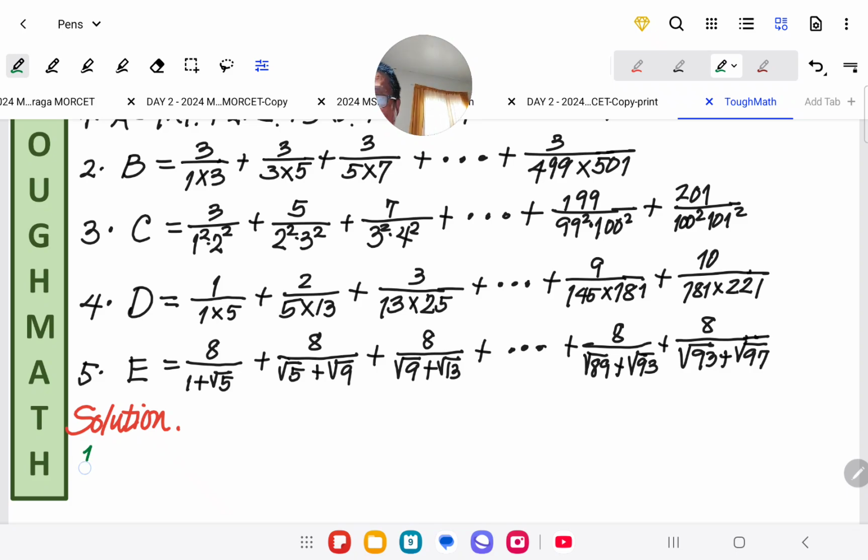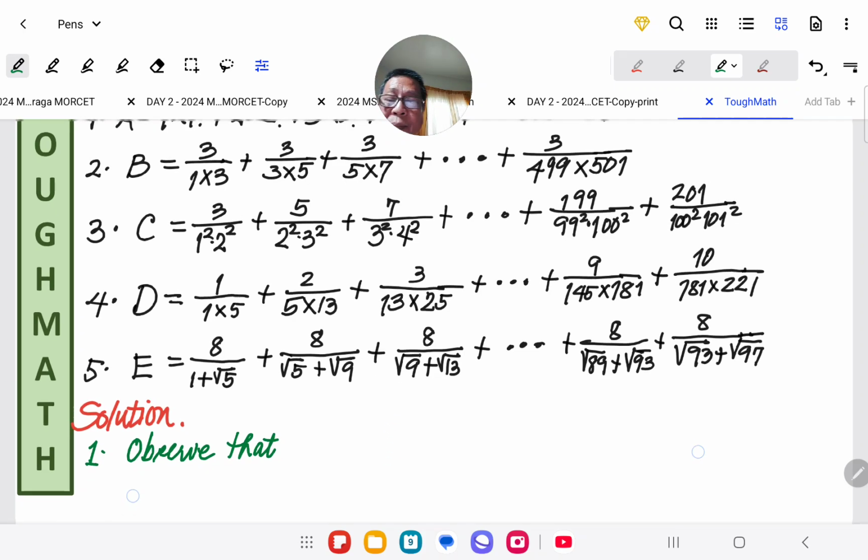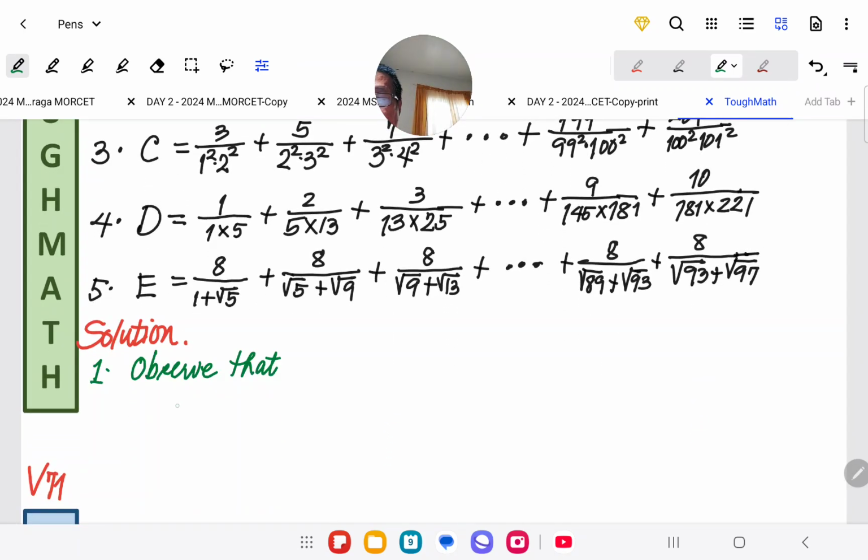Okay, so for number 1, let's just look at a simpler case. Let's look at 5 factorial. 5 factorial can be written as 4 plus 1 times 4 factorial.